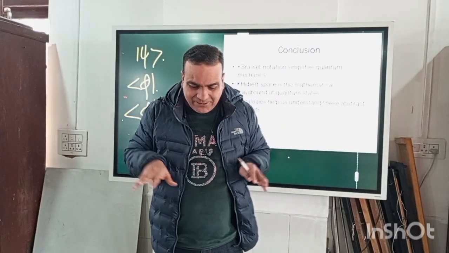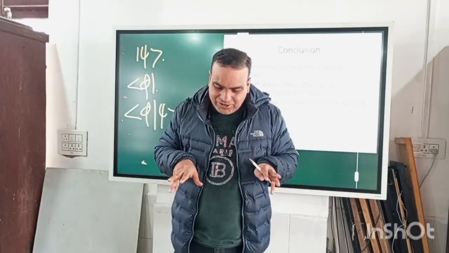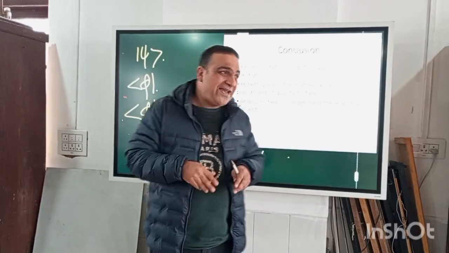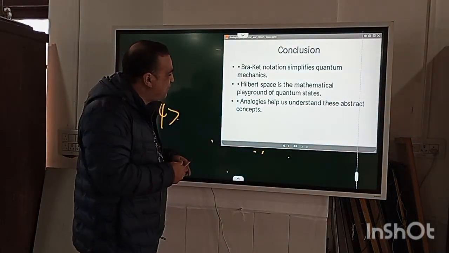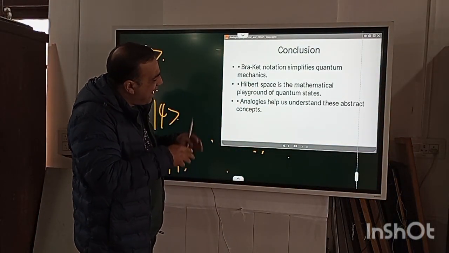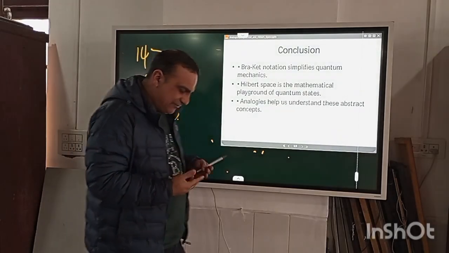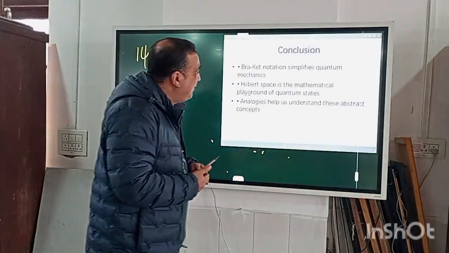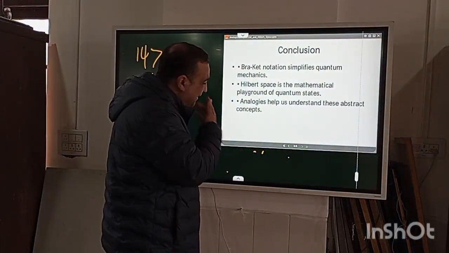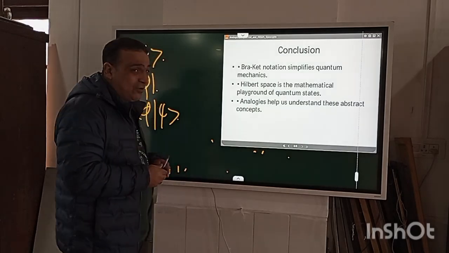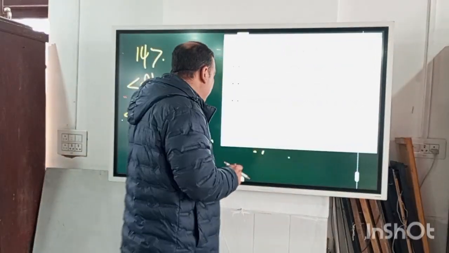It's a playground, and in this playground, these quantum states play. They play with each other. And these analogies that I have tried to lay down here give us an abstract understanding of the concepts of these kets and bras.